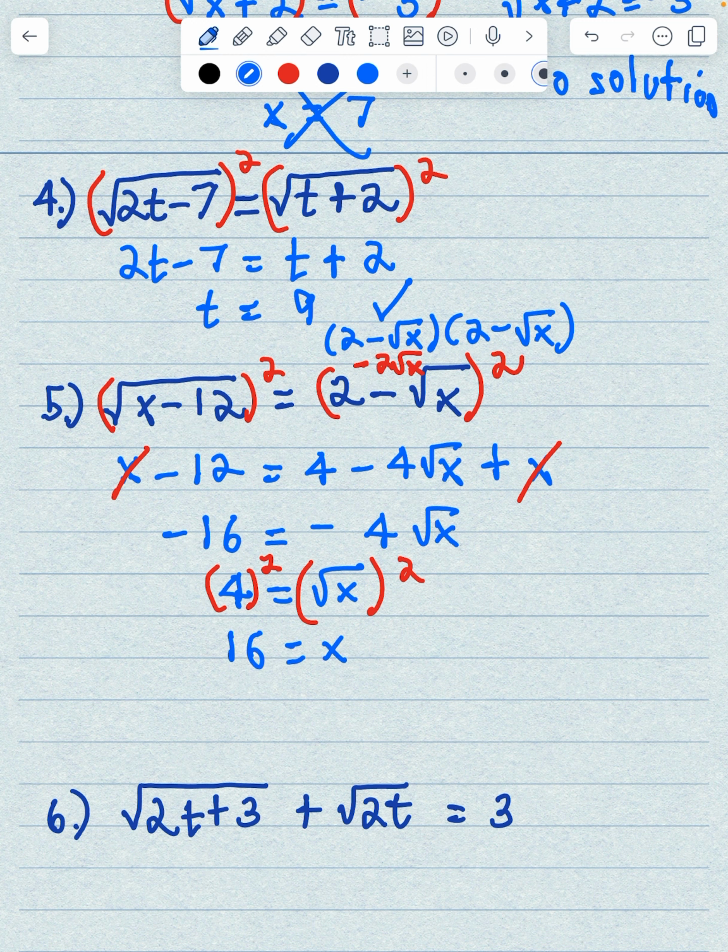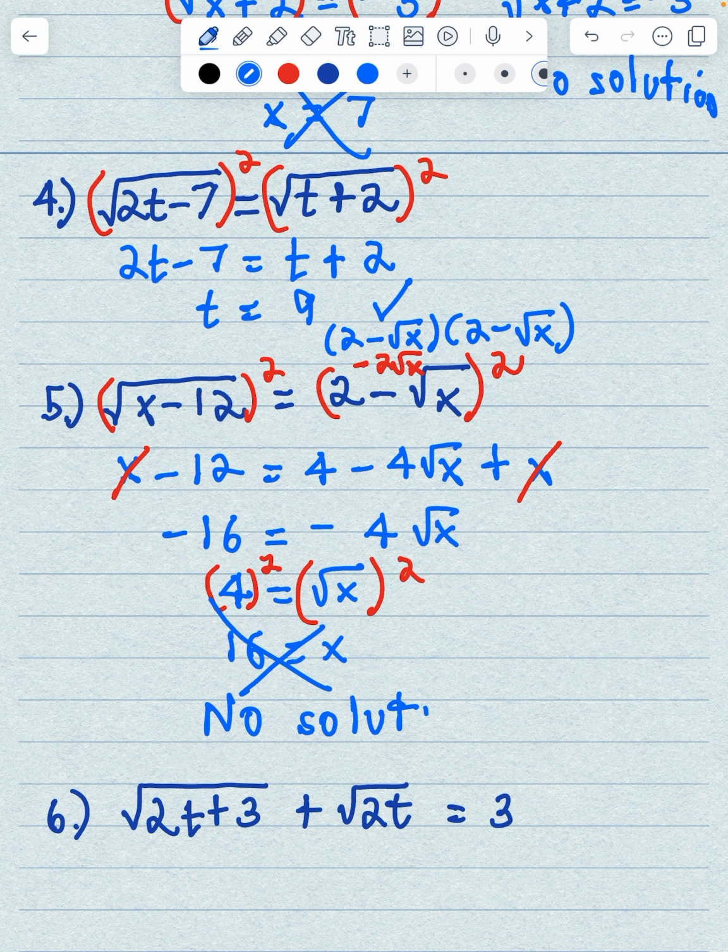So let's check that. In my original equation, I'd have 16 minus 12 on the left, which gives me the square root of 4, which I know is 2. On the right side, when I plug 16 in under the radical, I'd have the square root of 16, which is 4, and I'd have 2 minus 4, which is negative 2, so that does not check, and they're not the same, so that means we have no solution.